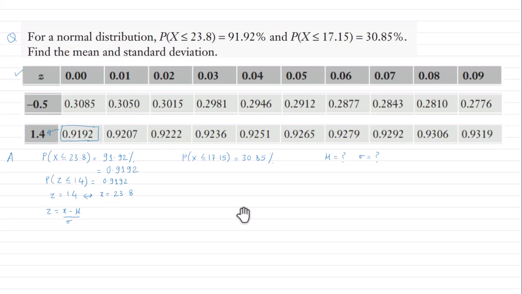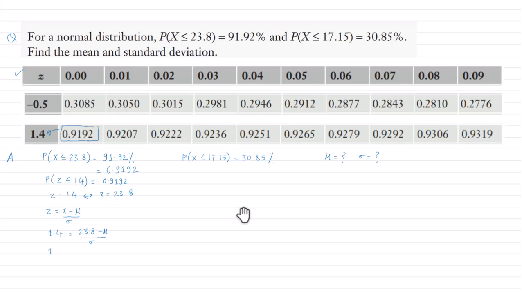So let's come back to this equation and put these values. 1.4 will be equal to X value, which is 23.8 minus mu, which is not known, divided by sigma, which is also not known. So as it looks like, we are going to get one equation with mu and sigma. Ideally, we should be expecting one more equation so that we can get two equations with two unknown variables. Nevertheless, let's try to solve this.